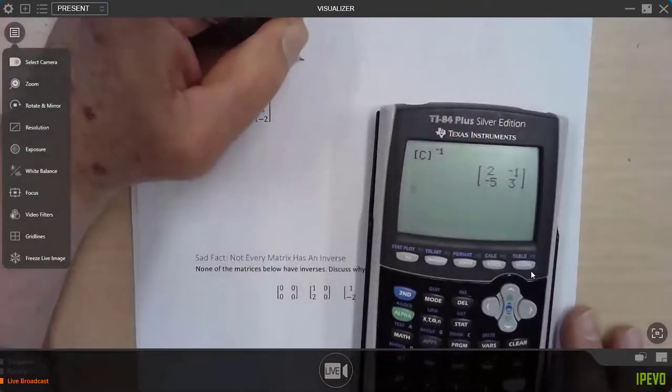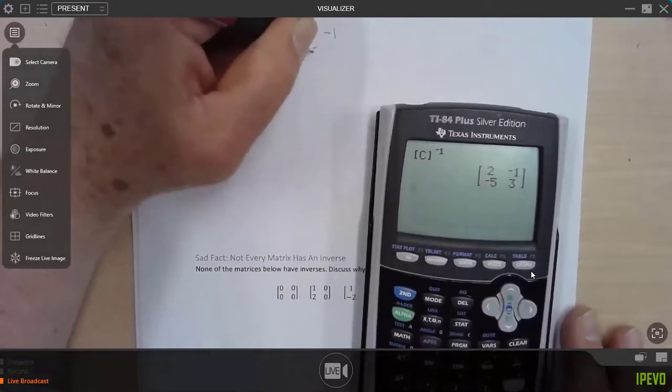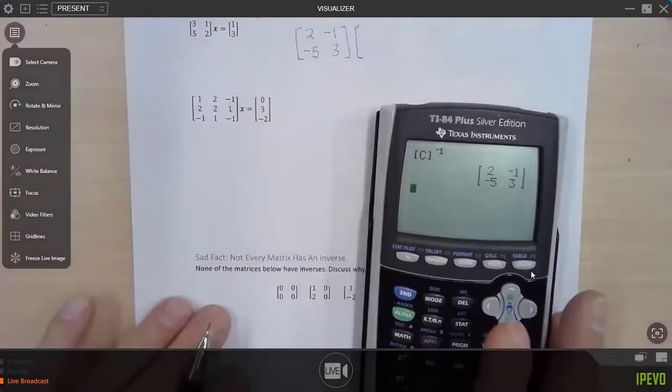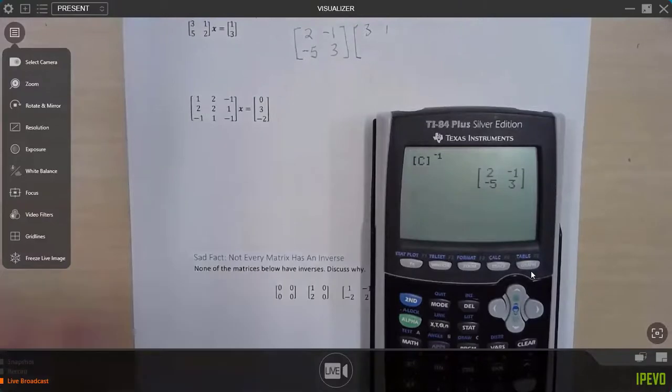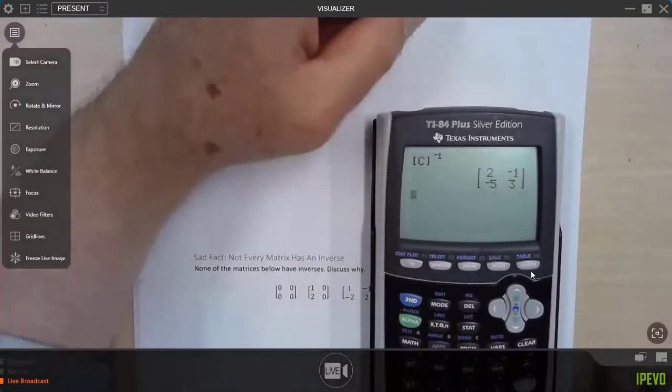So let's check it out. Is it true that 2, minus 1, minus 5, 3 times 3, 1, 5, 2 is the 2 by 2 identity?